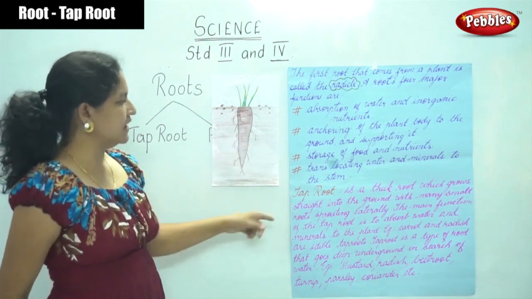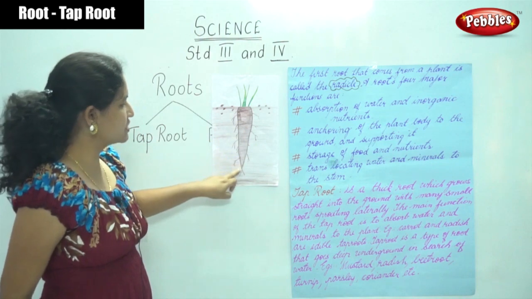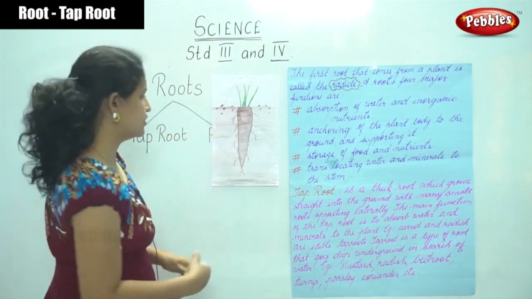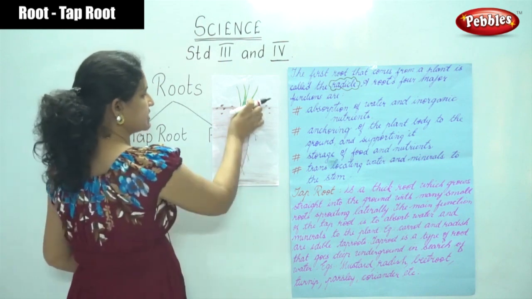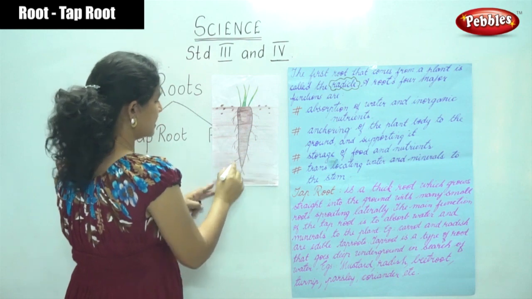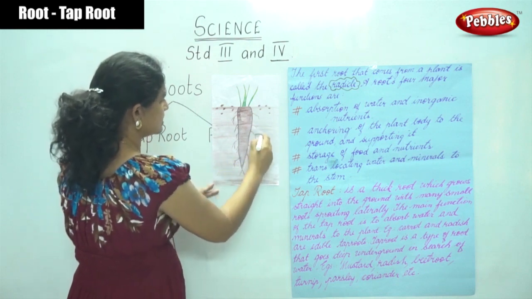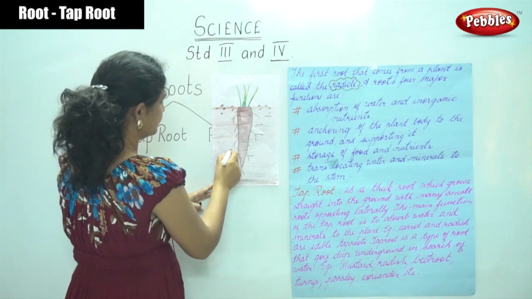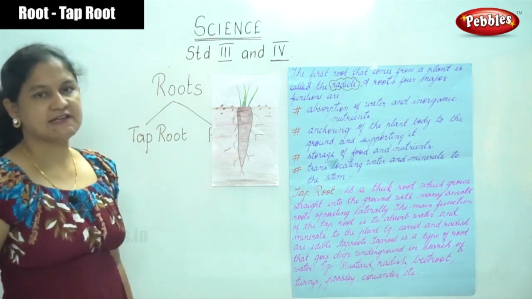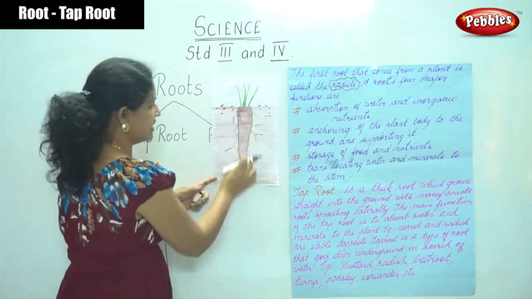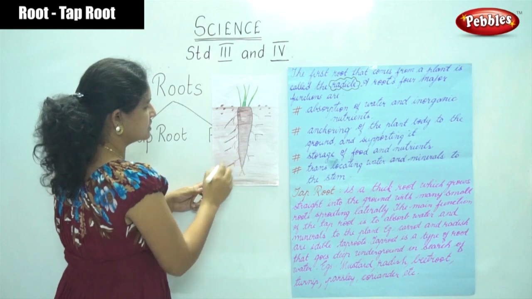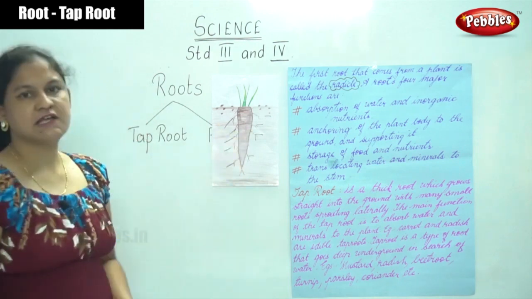The taproot is a thick root which grows straight into the ground with many small roots sprouting laterally. So this is the main root, and from it these small roots sprout laterally.